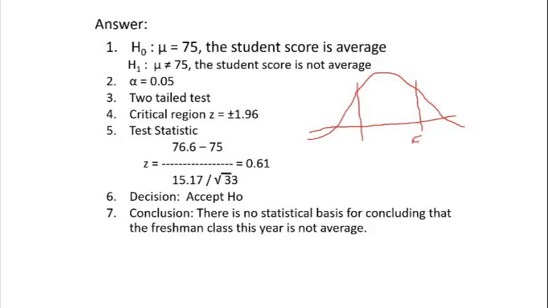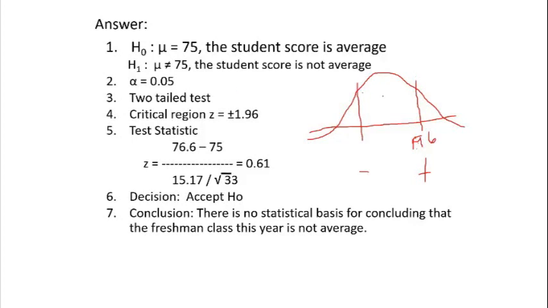Yung value ng dito is yung positive natin 1.96. Dito yung 1.96 natin, which is ito yung part ng positive and ito yung part ng negative natin na 1.96. So kasi two-tailed test siya.